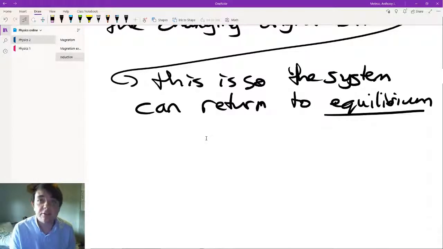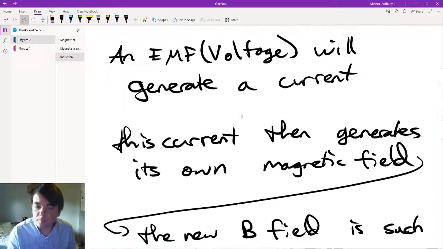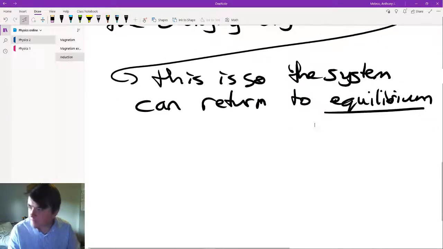They want to be in the lowest energy state possible. So if you've got this changing B field that's creating a voltage, that's creating moving charge, that's higher energy. And so basically what happens is this physical process, known as electromagnetic induction, is created that stops that.